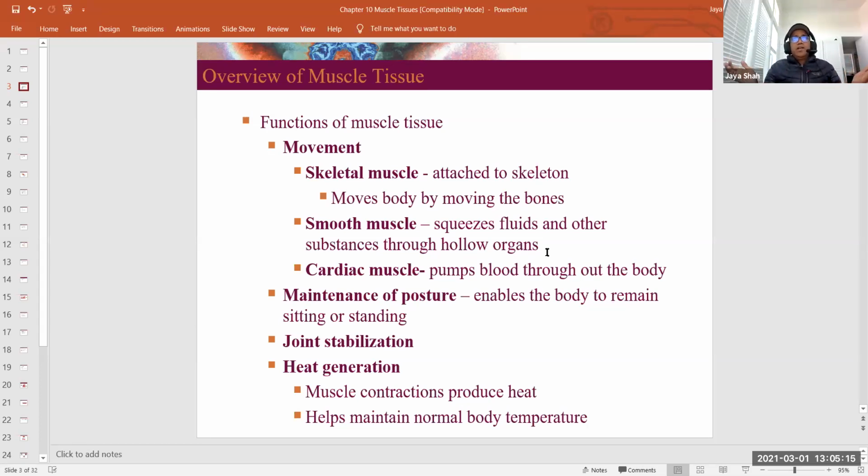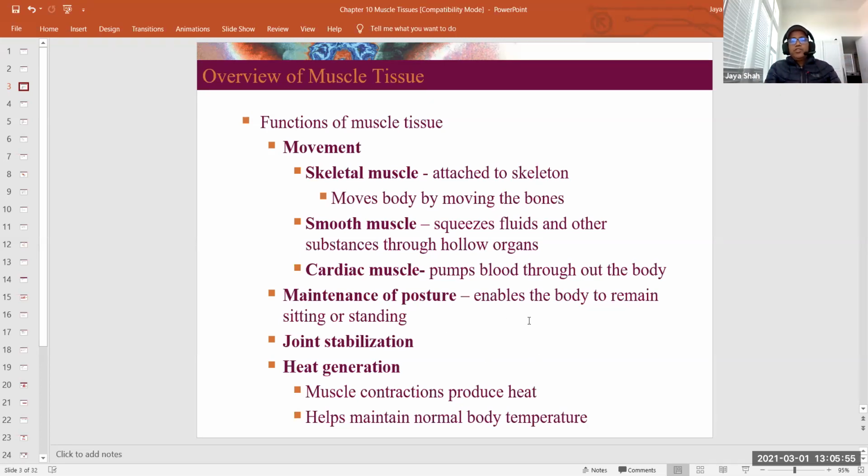When the egg is released on the 14th day of the menstrual cycle, due to the contraction of the fallopian tube, it is taken inside the fallopian tube and then moves towards the uterus. Similarly, when your bladder contracts, it squeezes urine outside the urinary bladder. Cardiac muscle pumps blood throughout the body because it contracts the wall of atria and ventricles.